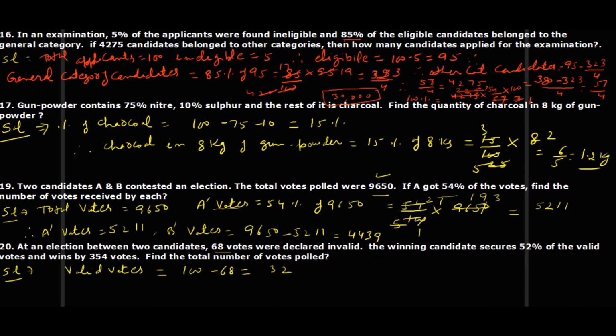Here 32 votes were valid. A winning candidate secured 52%. Therefore, votes of winning candidate would be 52% of 32. So it would be 52 upon 100 multiplied by 52, 26, 25 2s, 13 2s.